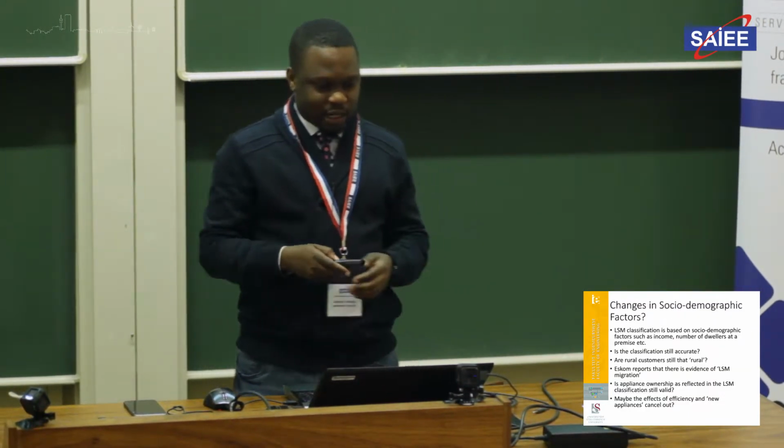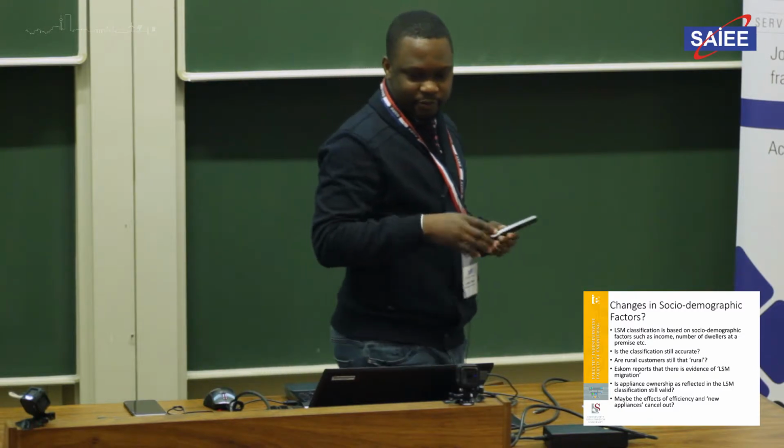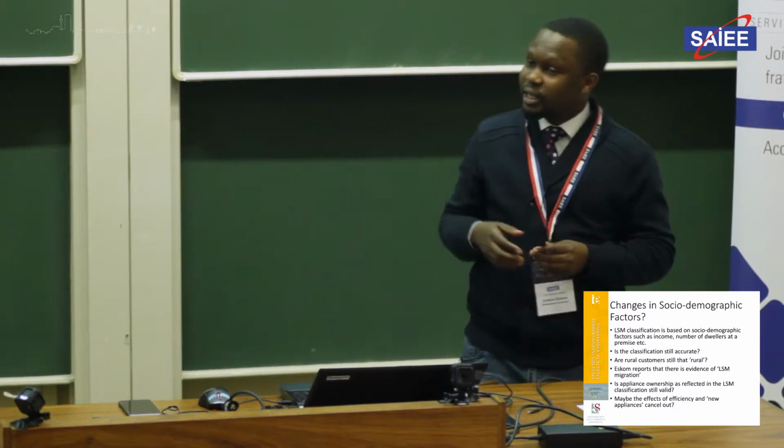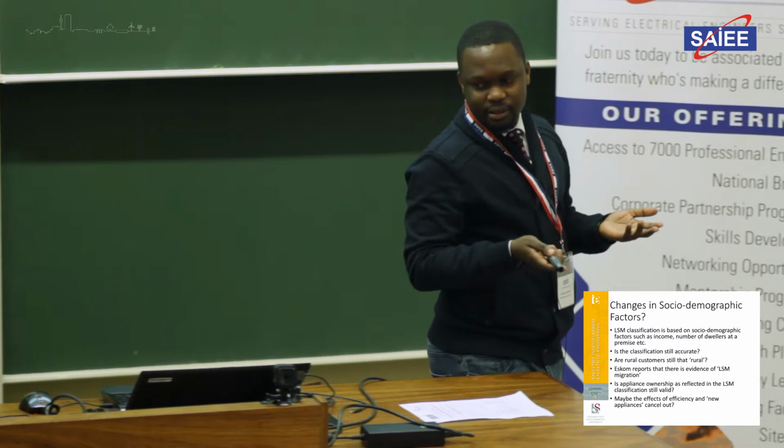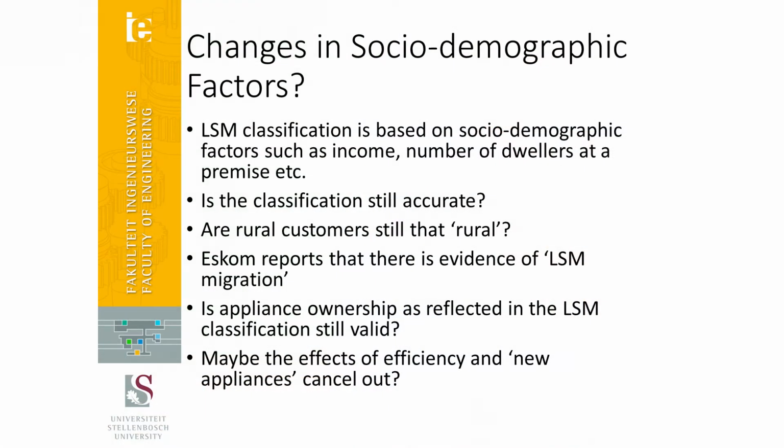So I'm coming back locally now, and I've put this roughly, but are there any changes in social demographic factors? So for example, LSM classification is based on social demographic factors, income, number of dwellers at a premise, things like that. Is the classification still accurate?